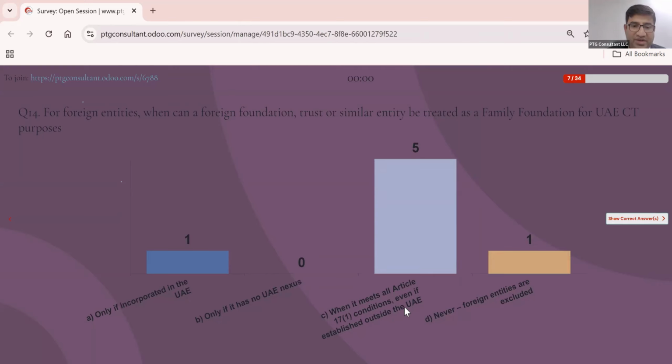Yes, here our learning is the foreign entity, established outside the UAE. What is the learning? Even if the foreign entity is part of the family foundation, it still meets the condition, but of course subject to the applicable conditions.